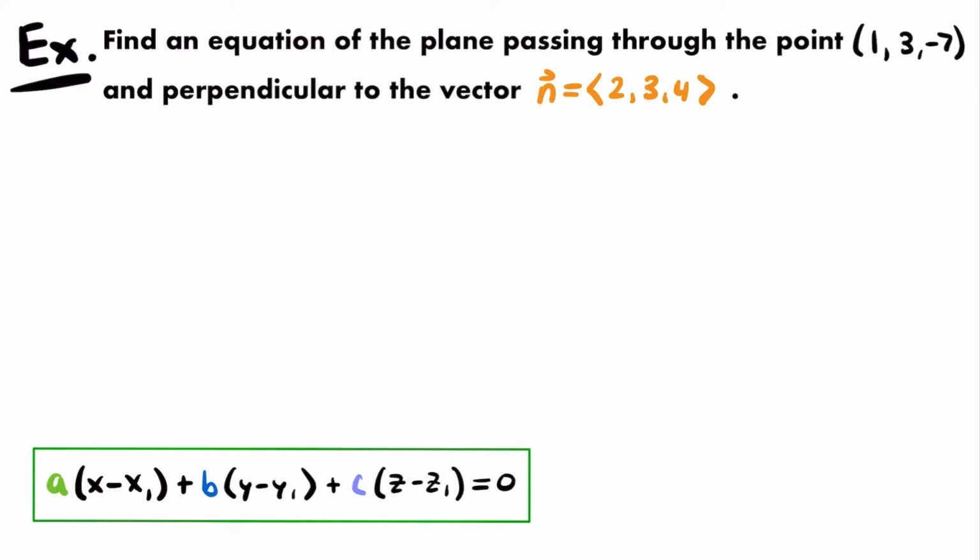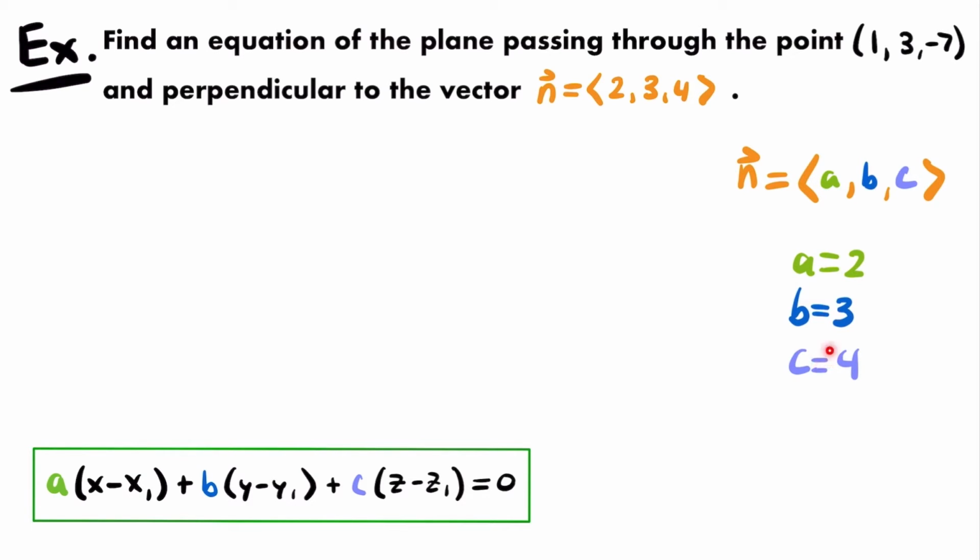So in general, a normal vector to a plane has components a, b, and c. And in this case, a is equal to 2, b is equal to 3, and c is equal to 4.